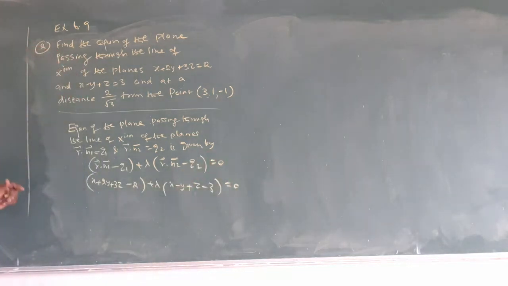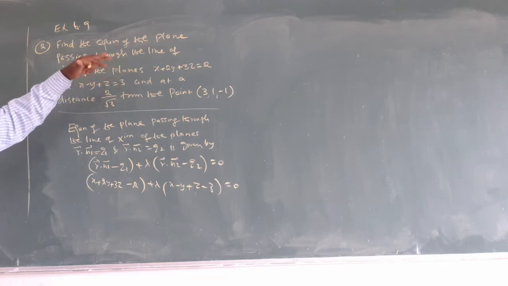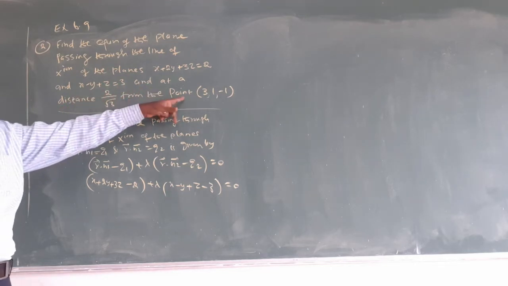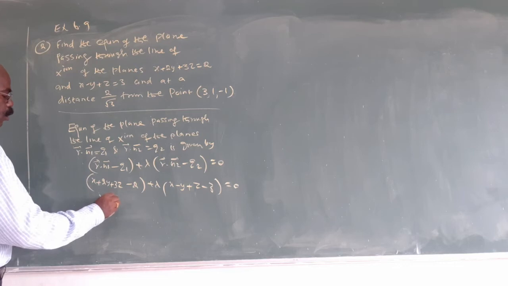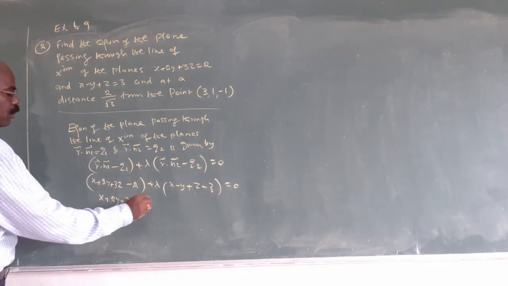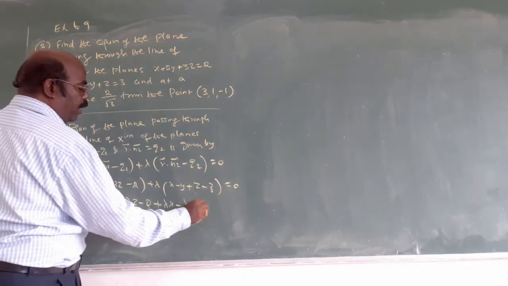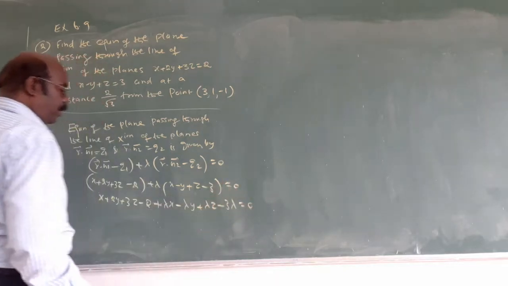Am I right? To find the lambda, one point is given, and that point is passing through the plane, but here the point is not given. Distance from the point will be given. That's why you write x plus 2y plus 3z minus 2 plus lambda x, lambda y, lambda z minus 3 lambda equal to 0. Am I correct?